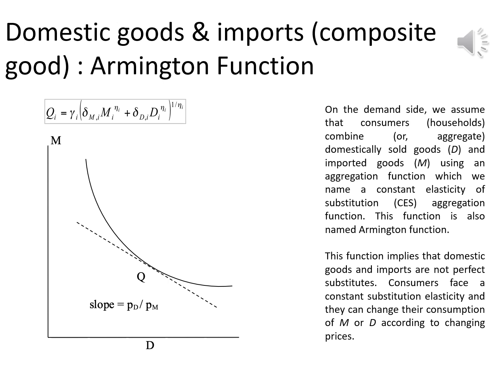Actually, to be more specific, elasticity of substitution is the percentage change in the ratio of M to D divided by the percentage change in the price of M over the price of D. So this is basically the percentage change in relative quantities divided by the percentage change in relative prices.